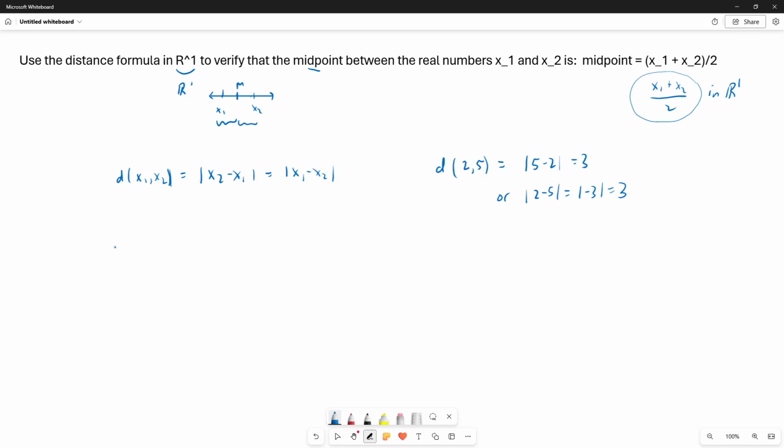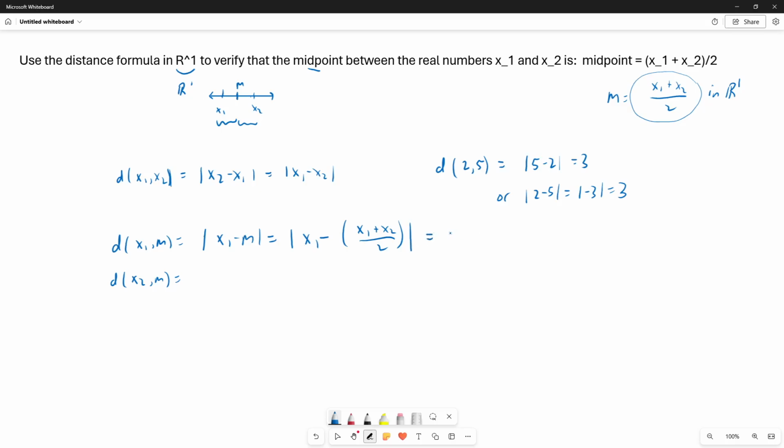So now we want the distance between x1 and M, and we want the distance between x2 and M, where M is this guy, x1 plus x2 over 2, and we want to show that those are the same. So this is the absolute value of x1 minus M, which is the absolute value of x1 minus the quantity x1 plus x2 divided by 2.